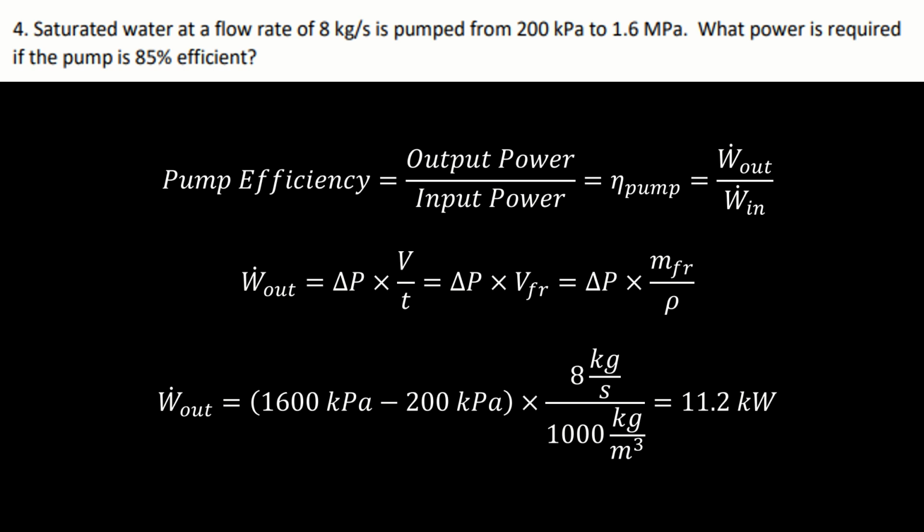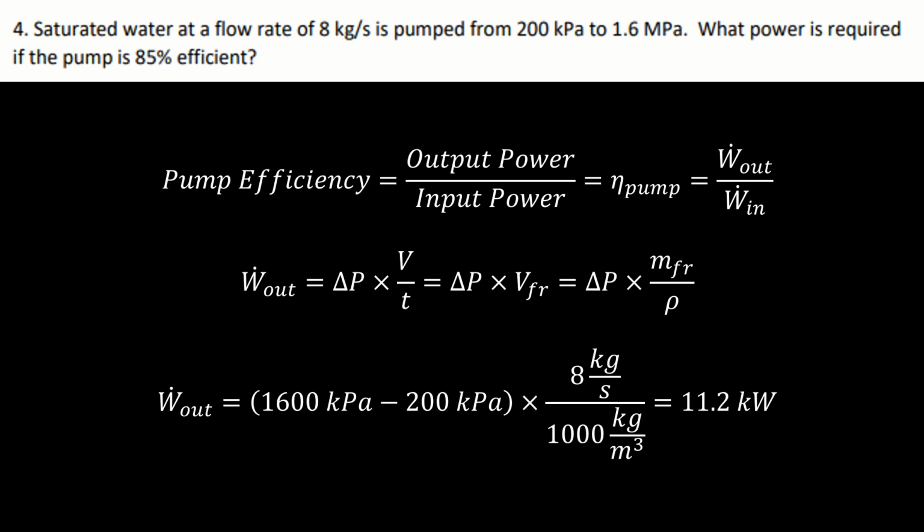What we're using is essentially 1600 kilopascals, or that 1.6 megapascals times 1,000, so that we're in the same units for pressure, minus 200 kilopascals, multiplied by 8 kilograms per second divided by the density of water, which is approximately 1,000 kilograms per cubic meter.